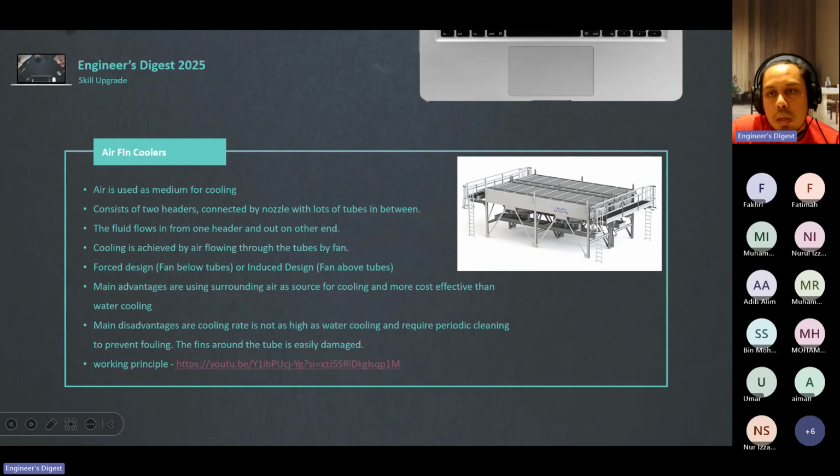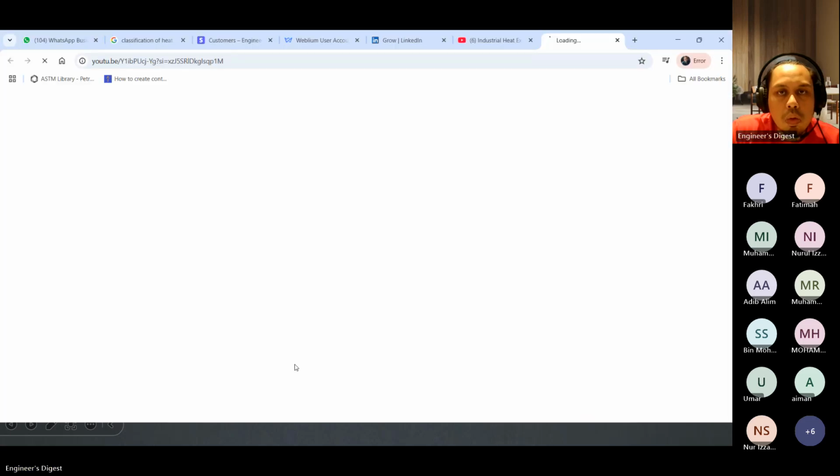At midday, it will be hot, so the cooling rate might be lower. Also, the fin around the tube, which helps with the heat transfer, is easily damaged. Okay, let's look at the working principle.